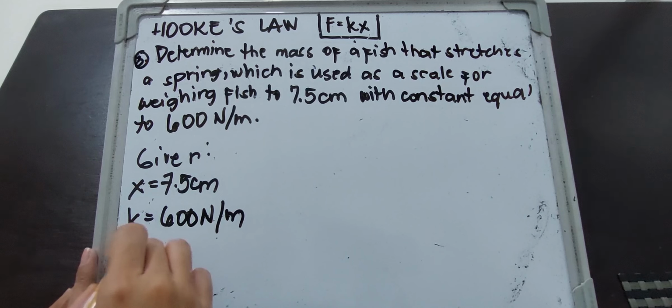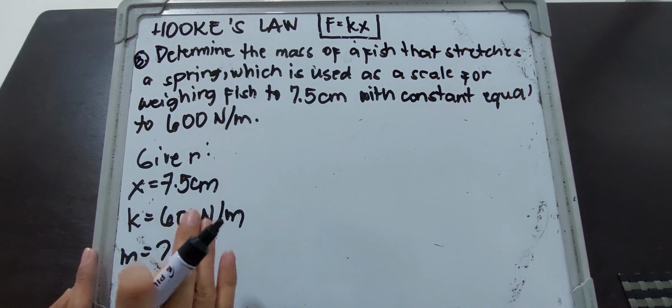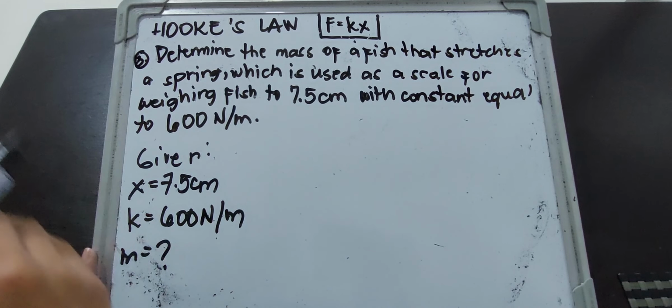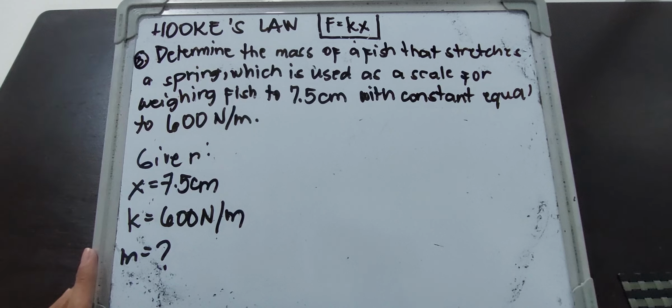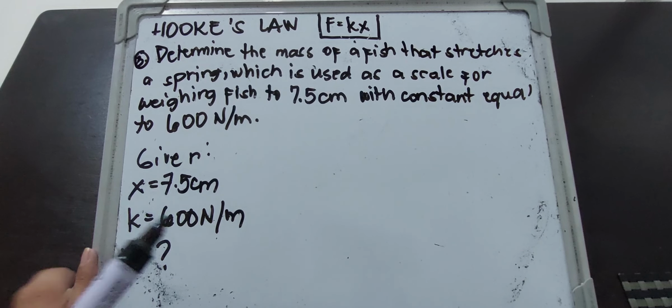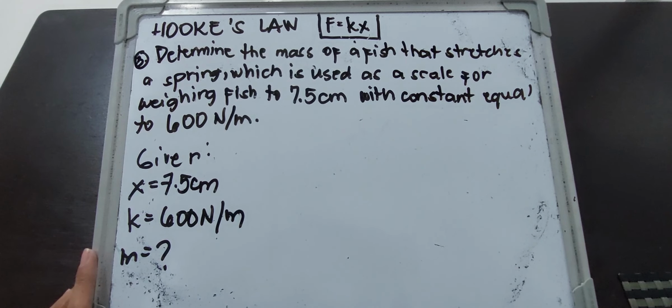Ang tinatanong sa atin is yung mass ng fish. So, gaano daw kabigat yung isda na nakapagpa-stretch dun sa spring into 7.5 centimeters, considering that the spring's constant is 600 newtons per meter.